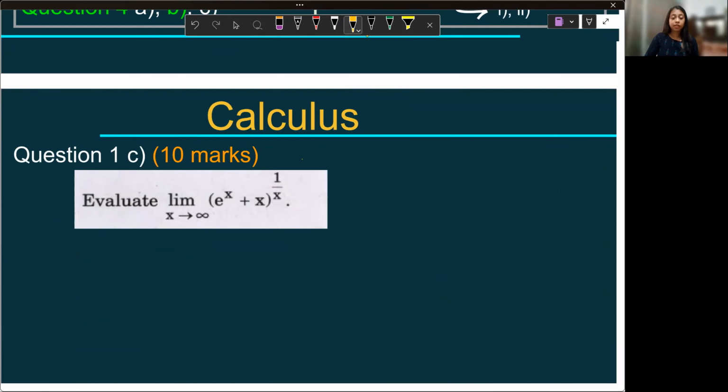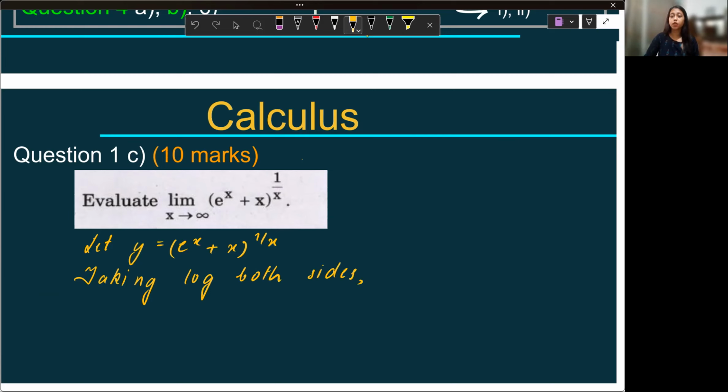So I can start by taking let y is equals to (e raised to the power x plus x) raised to the power 1 by x, right? If I take log both sides, because I see a 1 by x here, so let's take log both sides. Taking log both sides, here we have log y is equals to 1 by x log of (e raised to the power x plus x).